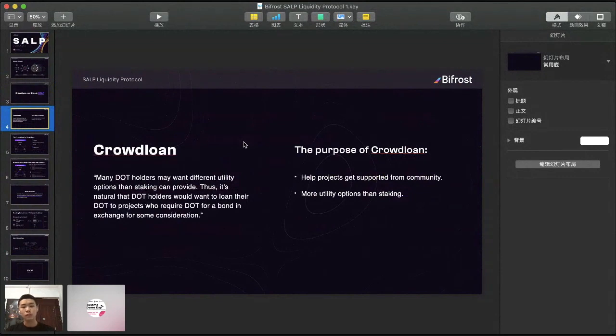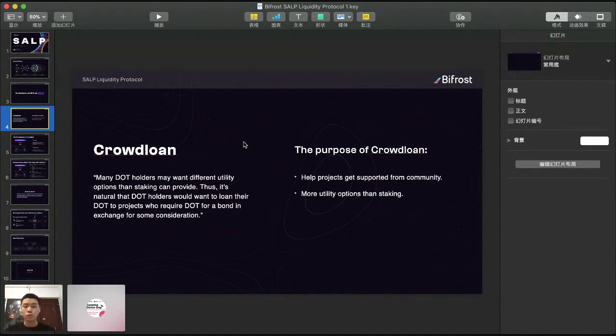This sentence is from an article of Polkadot, and we can capture two main points from it. The first is that it can help projects get support from the community. The other is more utility options than staking.